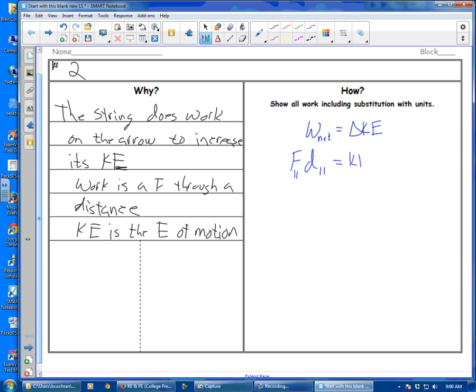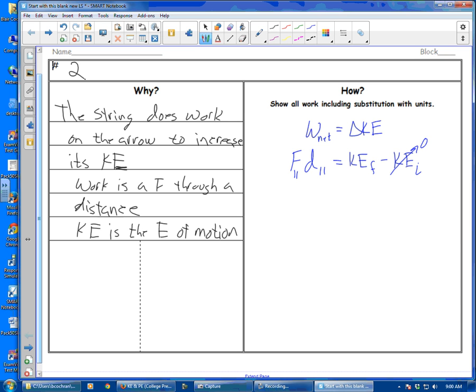Equals KE final minus KE initial, and that's of the arrow. We said that the arrow starts from rest, and if KE is the energy of motion, if I don't have any motion, I don't have any kinetic energy, so the initial kinetic energy would be 0.